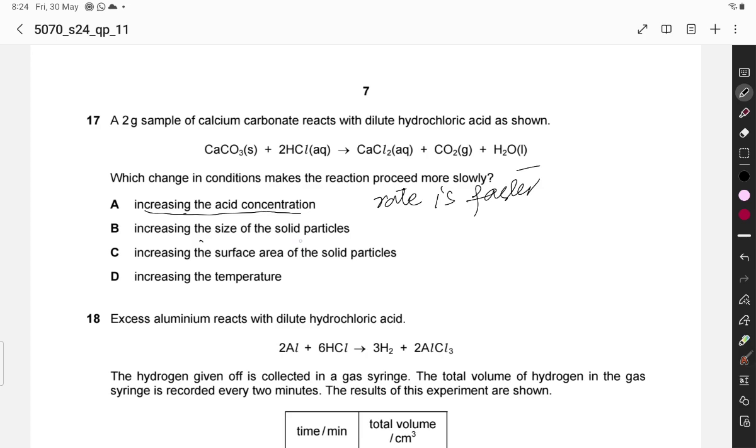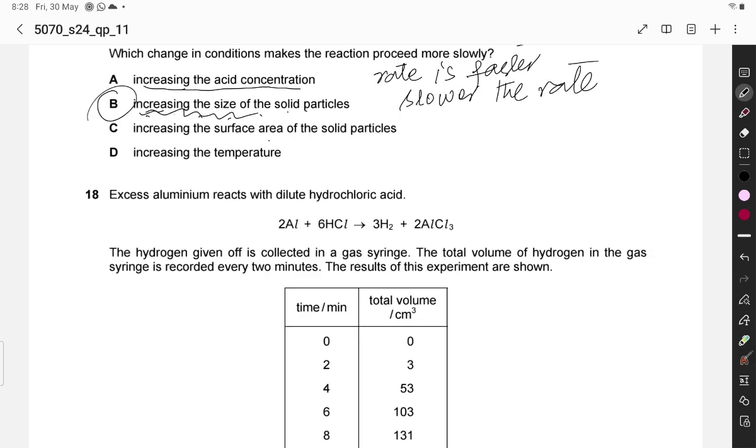Increasing the size of the solid particles. So this is also incorrect, because increasing the size of the solid particles lowers the rate. Increasing the surface area of the solid particles. Increasing the size of the particles, yes, the rate is decreased. So this option is the correct option.